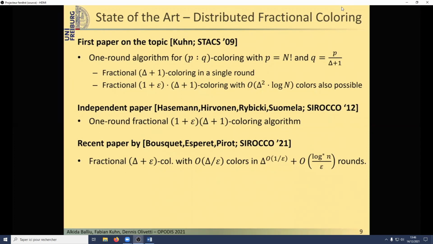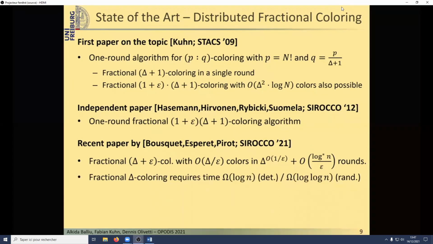For every epsilon, you can compute the fractional delta plus epsilon coloring in somewhat efficient time. For constant delta and epsilon, this is log star n, but the dependency on epsilon is maybe not too good. And they also showed that if you really want to go to delta, then even for fractional coloring, this log n deterministic, log n randomized lower bound holds.